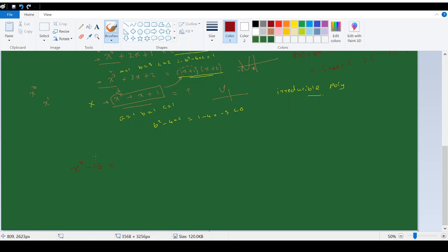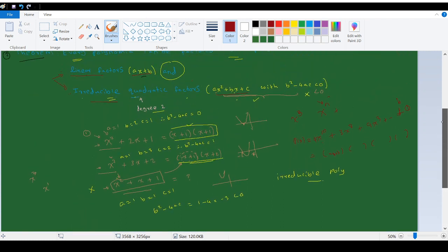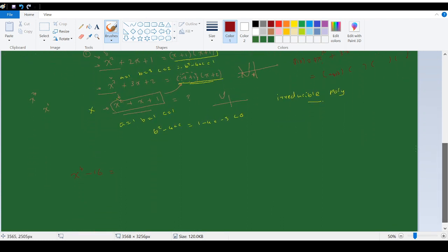Now, to find these factors, we will need some knowledge in algebra. What I want to stress here is that the theorem does not give a method to compute those factors.